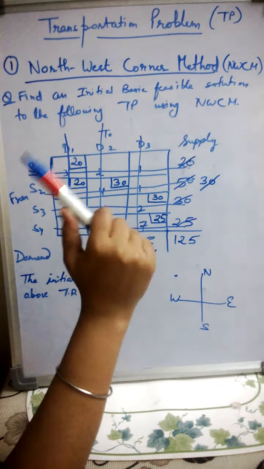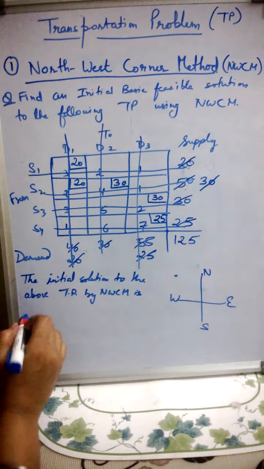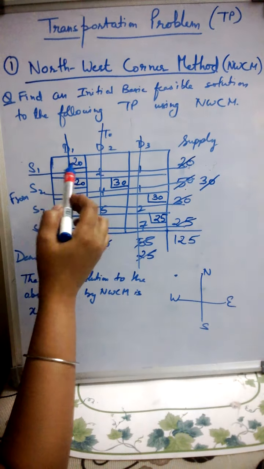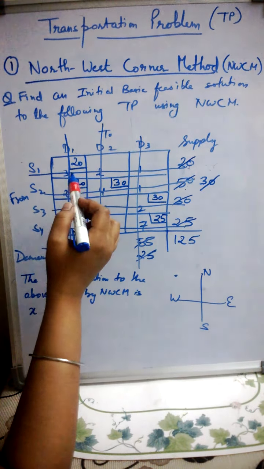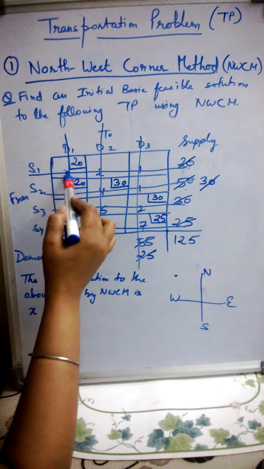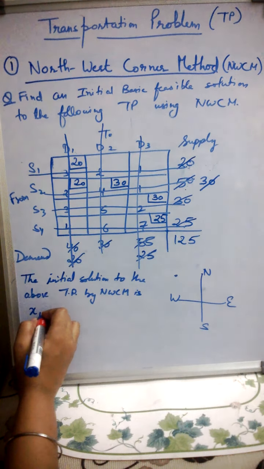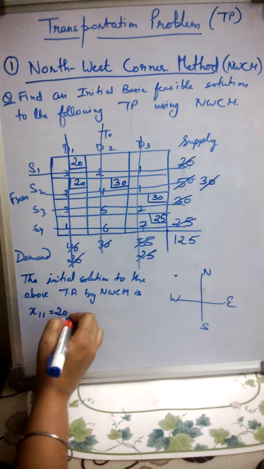Now x represents the number of units that are transported, and here we write down the subscript. The first allocation is from 1 to 1, that is from S1 to D1. So the location of this cell is first row, first column, and x represents the number of units transported. So the number of units transported from 1 to 1 is 20.